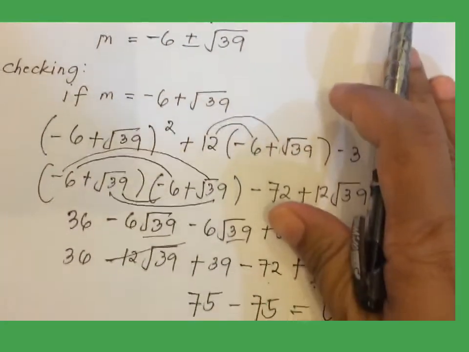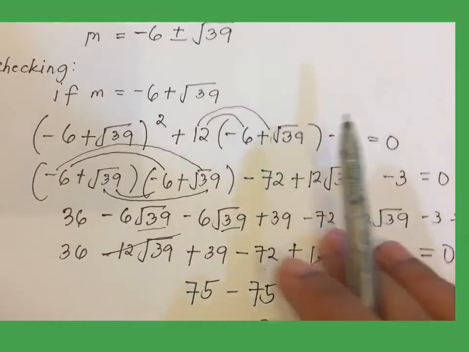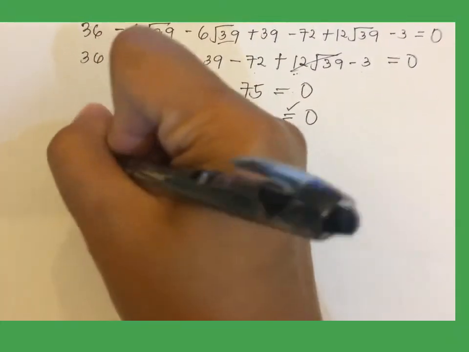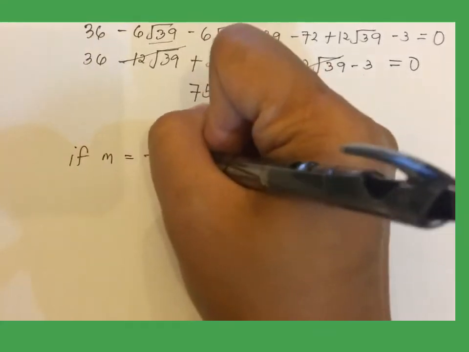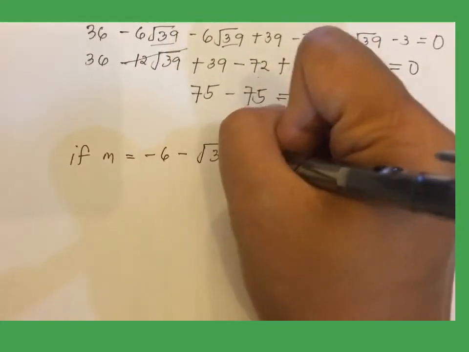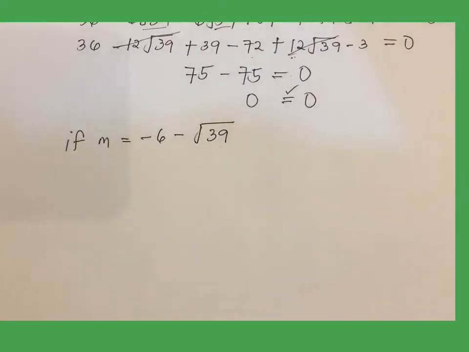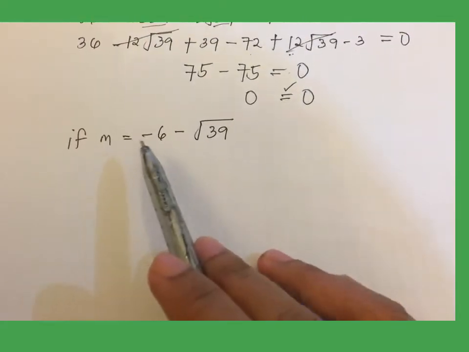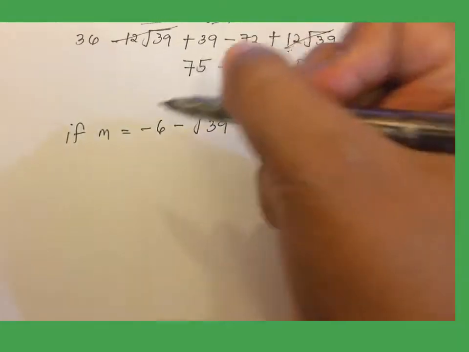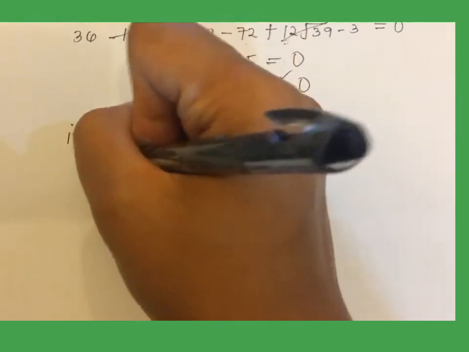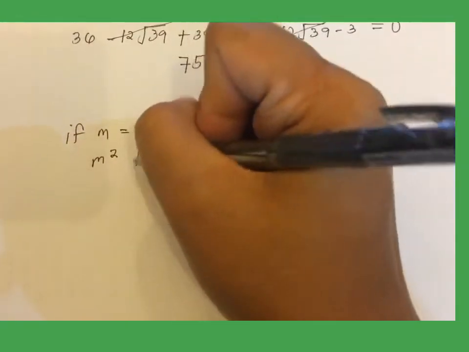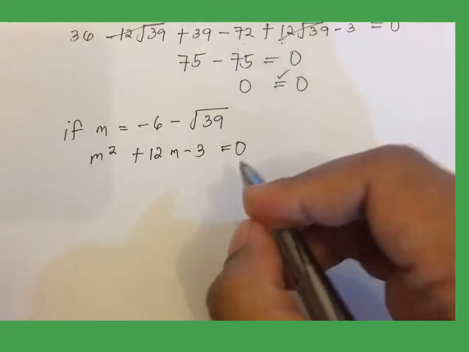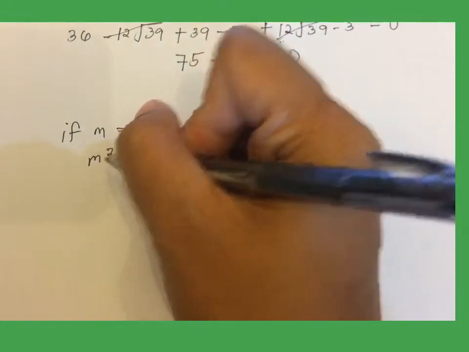Now we're going to check the other value, which is m equal to negative 6 minus square root of 39. Let's check if this is also a solution to the given equation. We're going to replace m in the original equation, m squared plus 12m minus 3 equals 0, by this value.